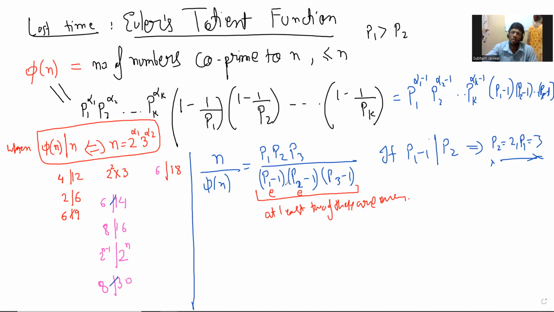So Nagesh, is this point okay? Yes, because see, p1 minus 1 has to be even, right? And p2 minus 1 also has to be even. So you get 4 as a factor from p1 minus 1 and p2 minus 1, at least 4 as a factor, right?